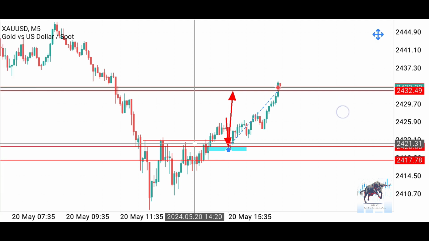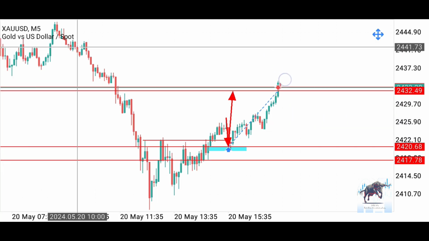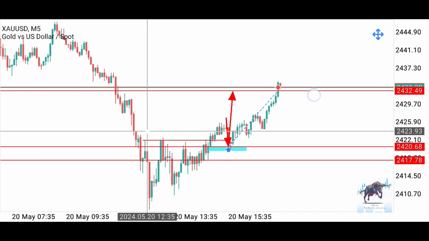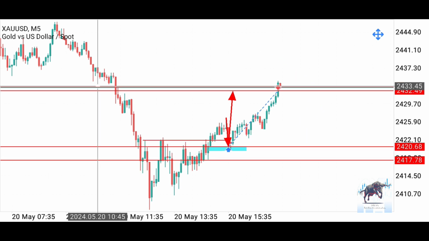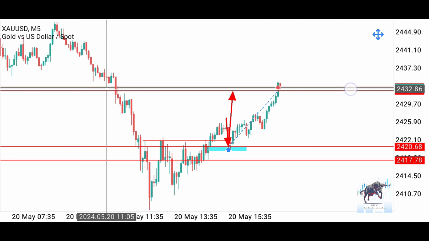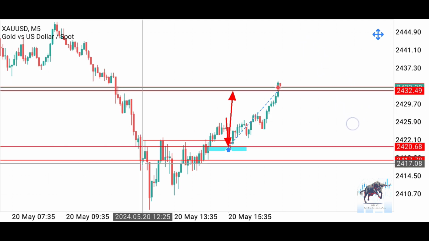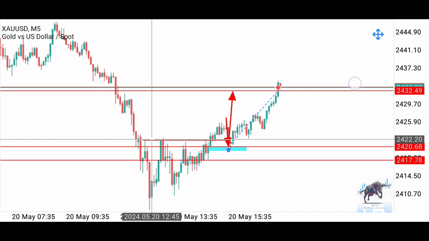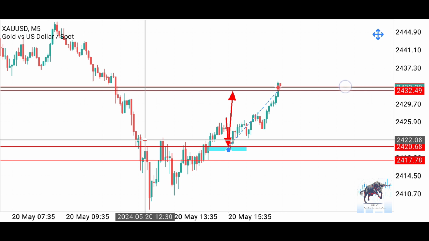For a market structure shift to happen, while price was going to the downside, approaching the equilibrium level, we are going to pay attention to our lower highs.